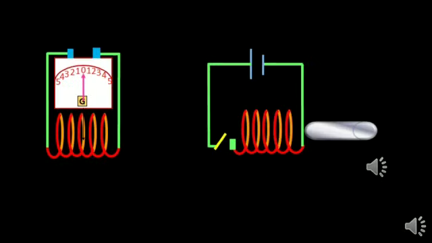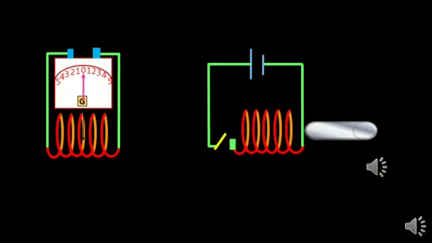In the third experimental setup, a tap key is provided in the coil 2 circuit. When the key is closed, the galvanometer shows a deflection towards the left side, and when the key is opened, the galvanometer shows a deflection towards the right side. Here, the galvanometer shows deflection only when the tap key is either closing or opening.